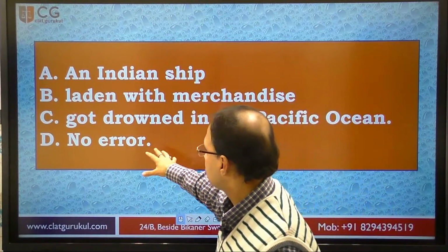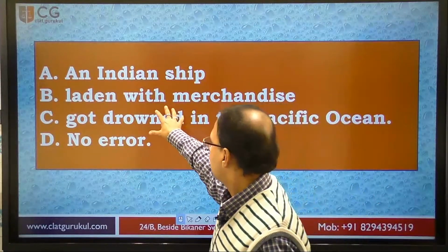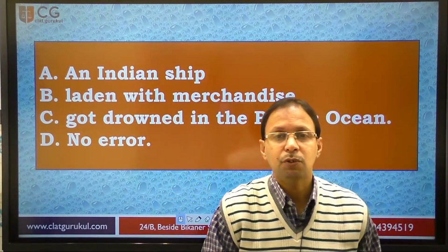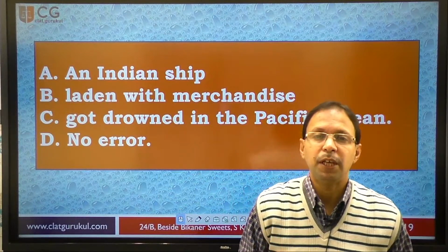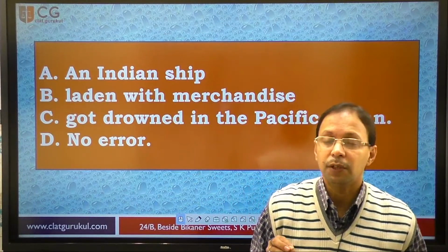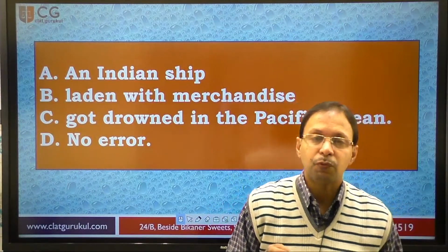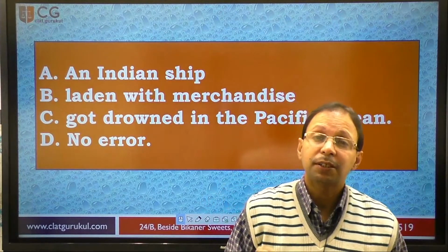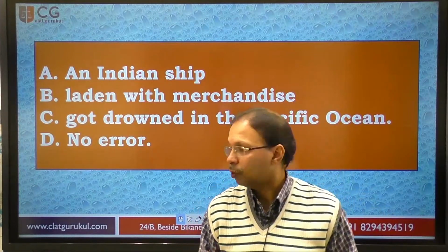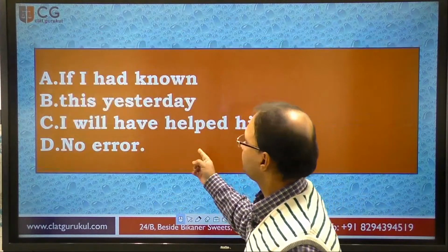So this is all about the spotting error concept: if you find a word like sink or drown, you should consider whether it is talking about a human being or an inanimate object. In the case of an inanimate object, we should use sink. But in the case of a living being, most of the time we use drown. So here part C contains the error.